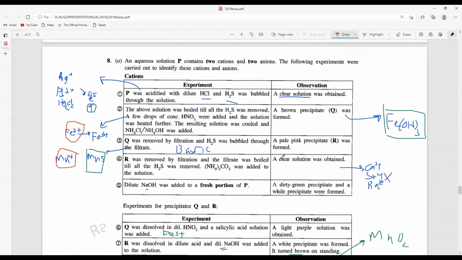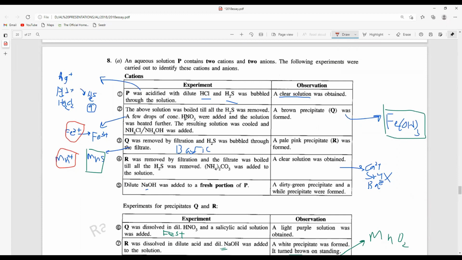I told you before about this. If you did not remove H2S here completely, the conc HNO3 can oxidize this sulfide to sulfur, which interferes with our determination of the precipitate. That is one thing.